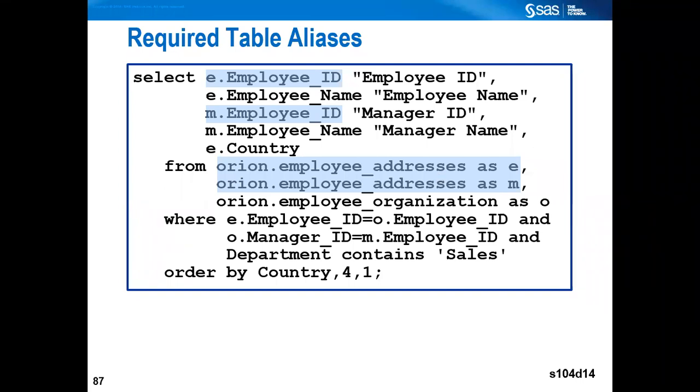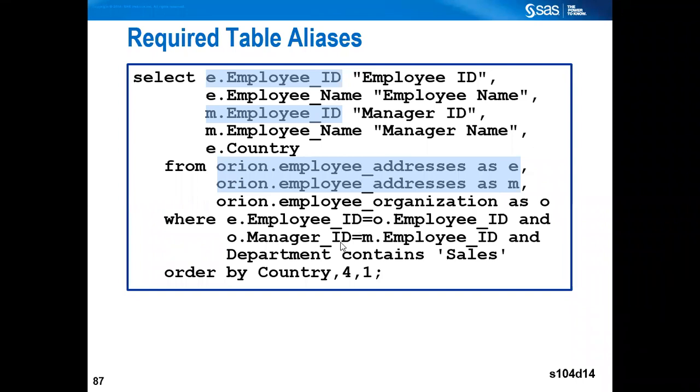Ashwini, can you explain the where clause one more time? Just observe this. You have three tables. Address you are reading it twice with independent alias E and M. Third table is organization, alias O. So E dot employee ID is similar with O dot employee ID. Whereas manager ID from addresses M is similar with the manager from organization.